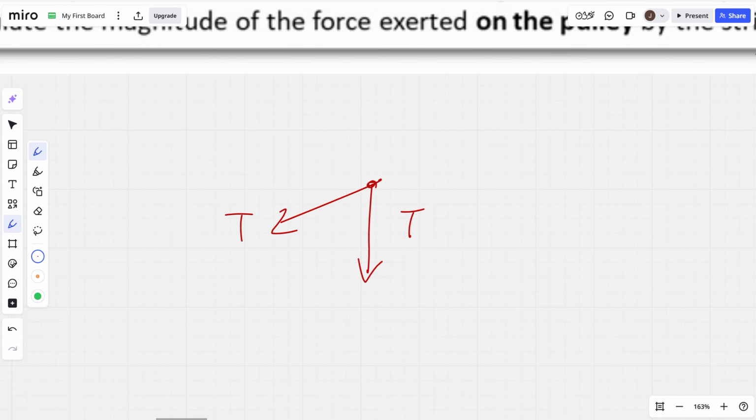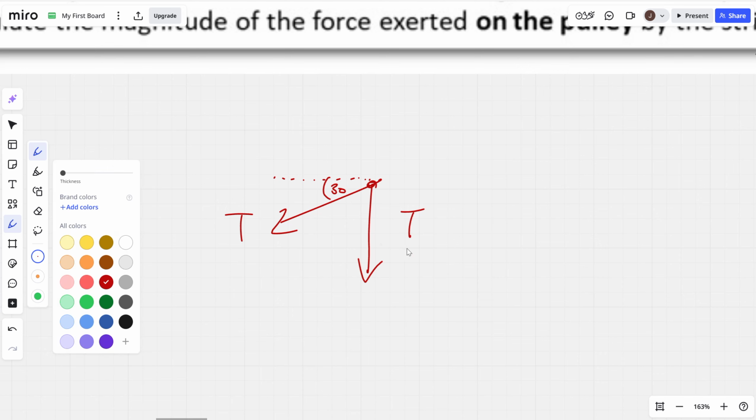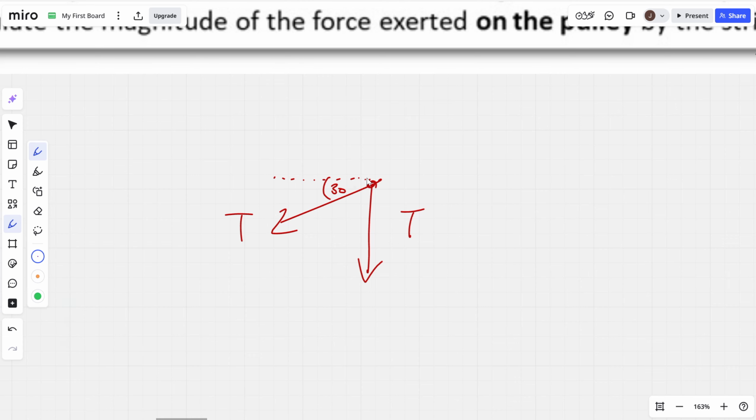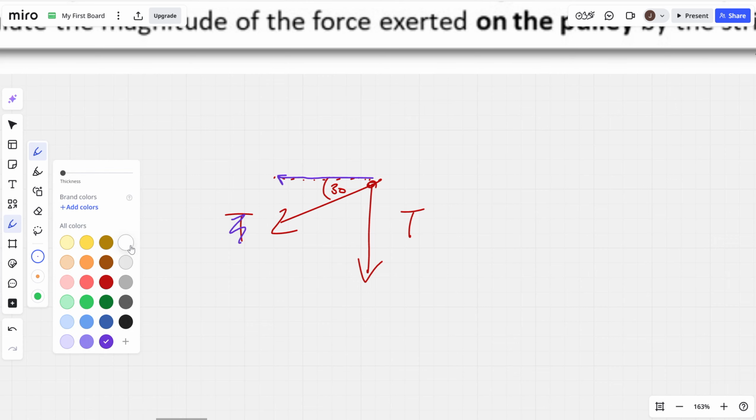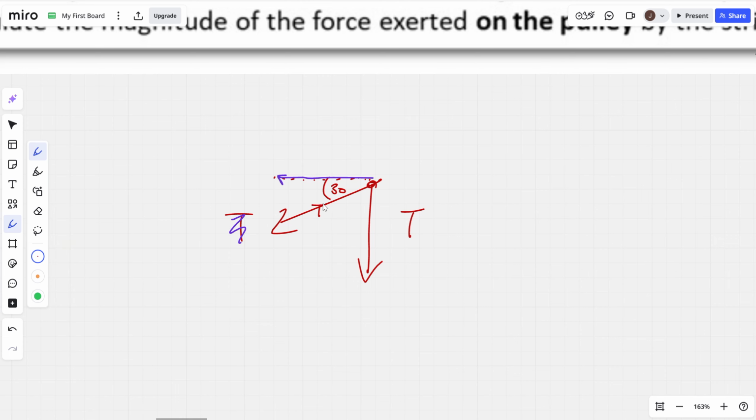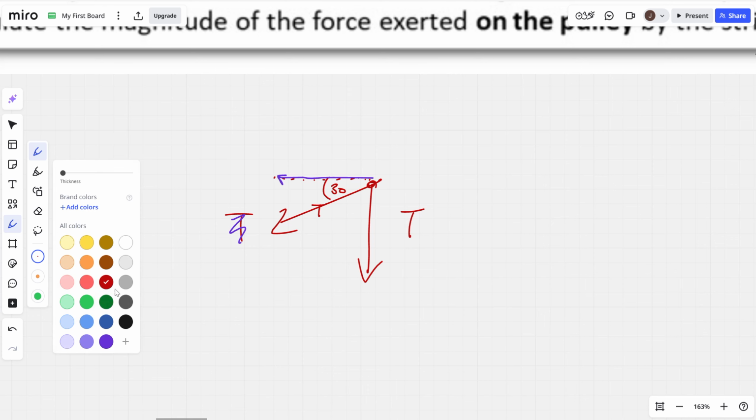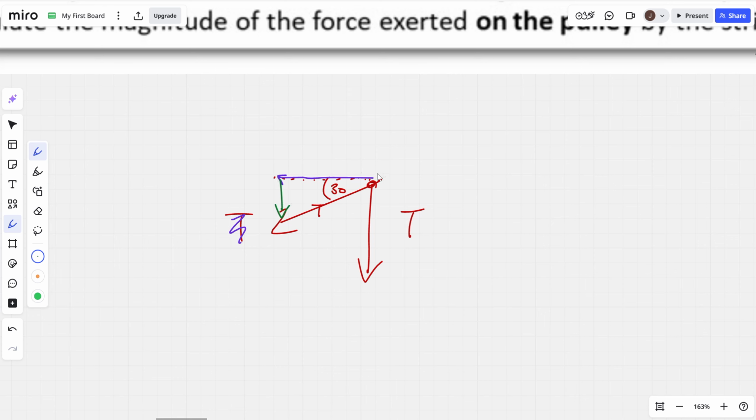So if I draw on something like this, there's a 30 there. So what should we do here? Well, what we should do is we should break up this T that just goes down. That's great. But we should break up this diagonal one into some amount that is horizontal. In fact, if I write the T on the hypotenuse, you might see what to do a little bit better. And some amount of vertical. Can you see that my arrows add together to give the same result there?